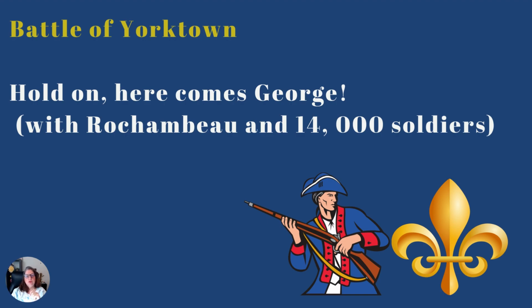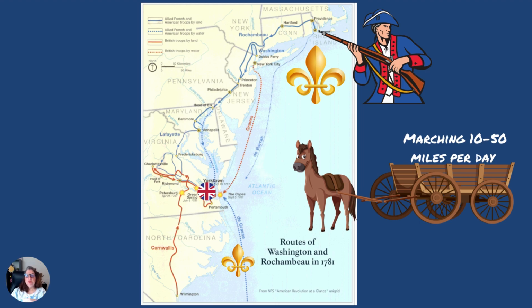George Washington is marching to Yorktown with General Rochambeau and 14,000 soldiers, about half of them French, half of them Continental Army. This is a map of the route. It's actually a historic route, and you can travel to many of these different places. Again, if you're in the classroom, I've posted this on a Google Form, and you can look a little bit closer at this map and the key points.